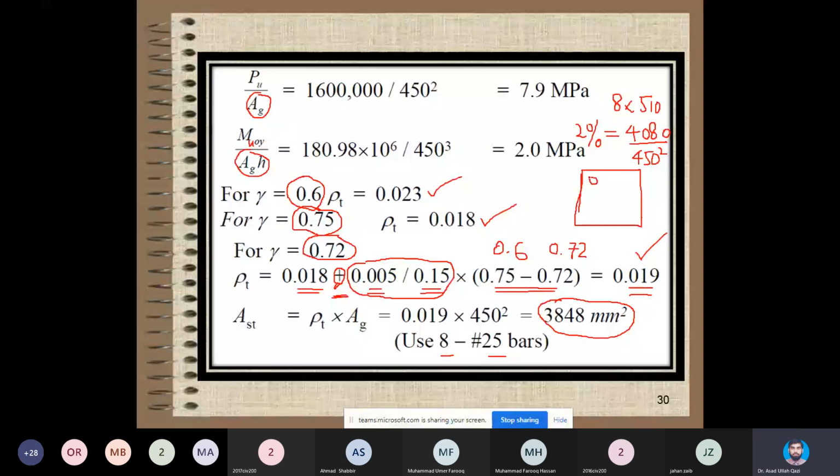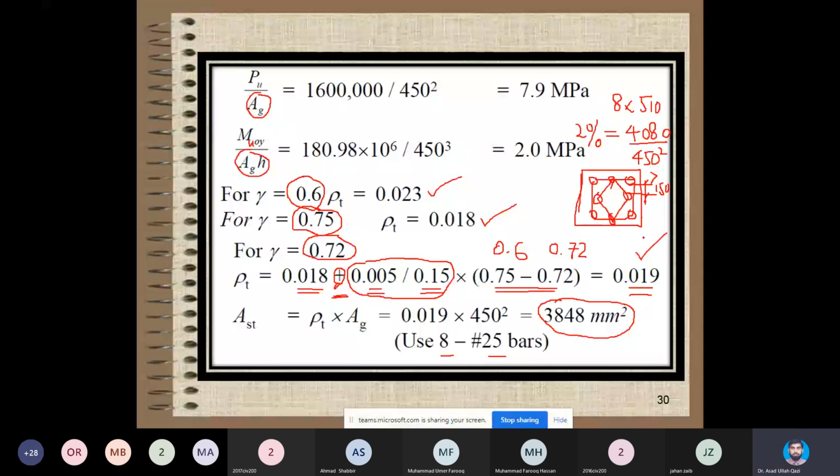Now for the detailing, I will have 4 corner bars and 4 edge bars. If the clear gap between the bars is greater than 150, then I have to put one additional tie for the edge bars. So you need to check whether only one tie will be sufficient or an internal tie to engage the edge bars will also be required.